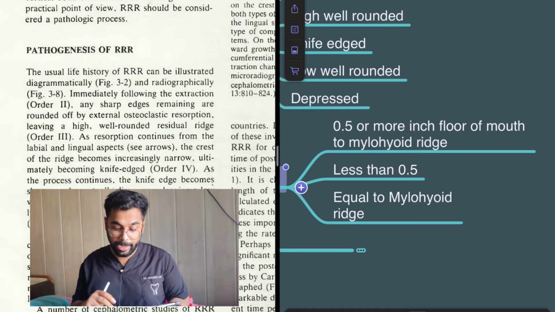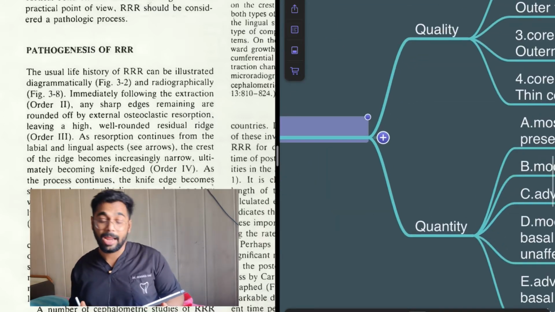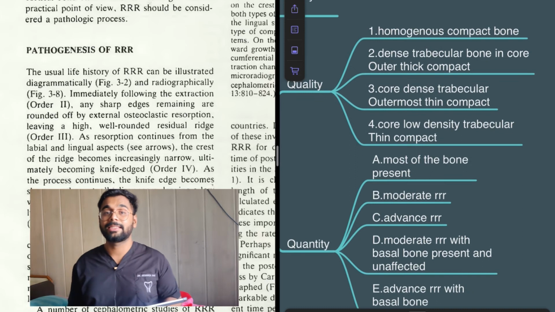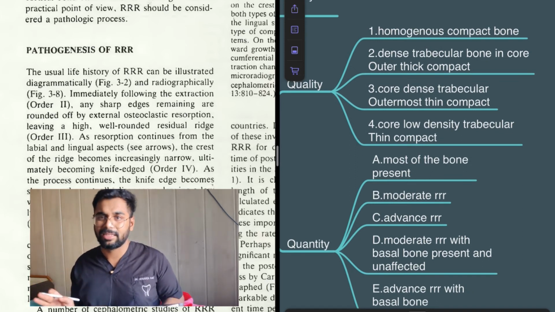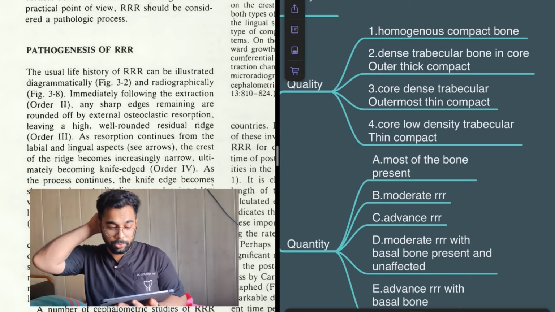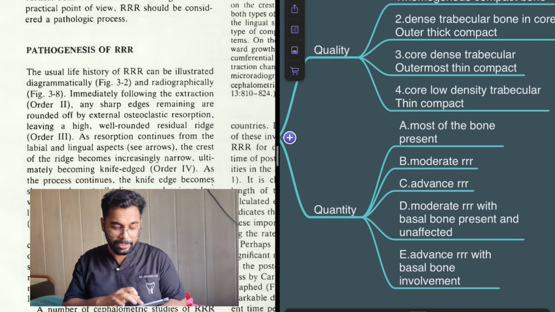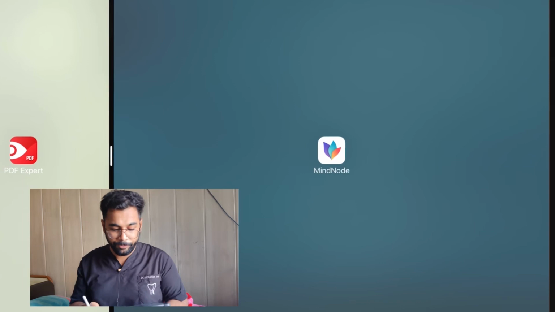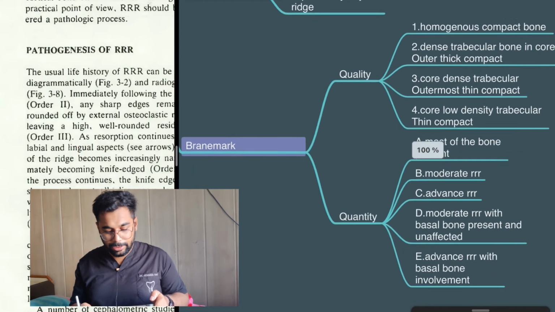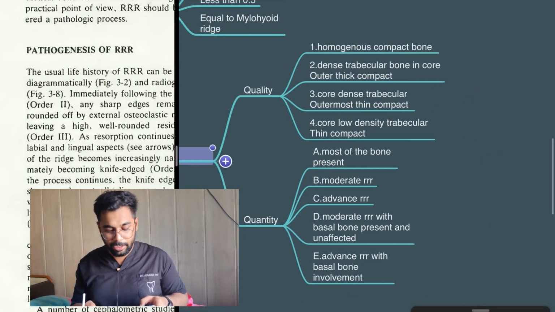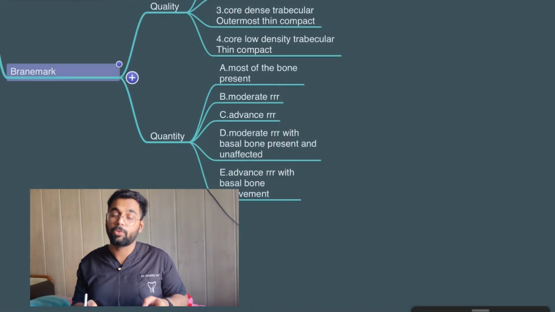And let's come to Brainmark. Brainmark is a little complicated, but I'll try to simplify as much as possible, and it is really simple. Let's go through this flowchart. I have prepared this flowchart from many articles and many books, but this is something I did not find in the Winkler, and they have mentioned only about Atwood's.